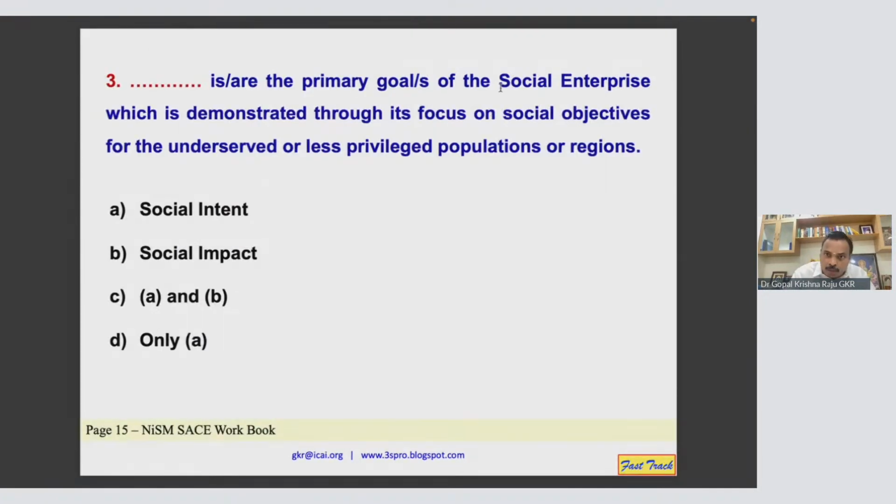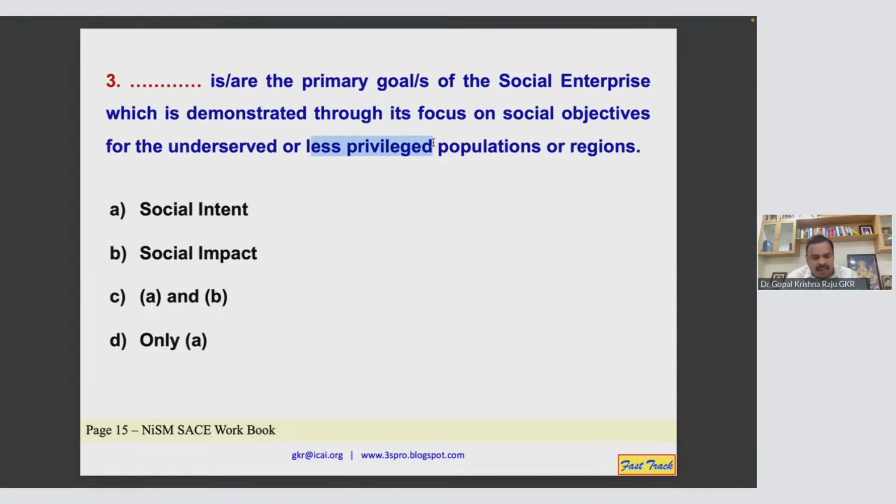Now, if you have to be a social enterprise, either NPO or for-profit. Then what is or what are the primary goal or goals of a social enterprise, which is demonstrated through its focus on social objectives for the underserved, underprivileged population, underprivileged region?